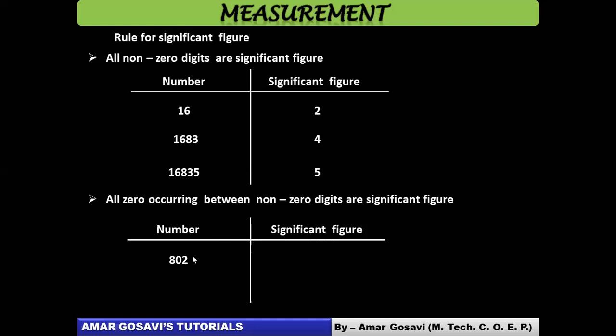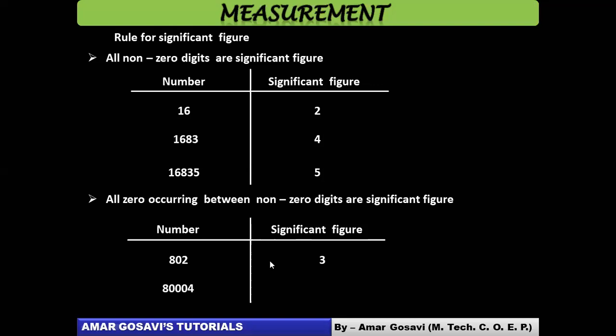Therefore, in this number, 2 is significant, 0 is significant, 8 is significant, so the total significant figures will be 3. All zeros occurring between non-zero digits are significant figures, friends. Hopefully, you understood this. Let's take another example.